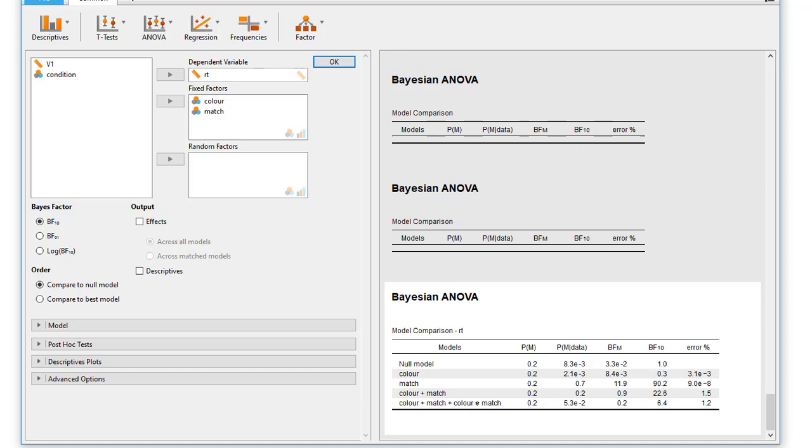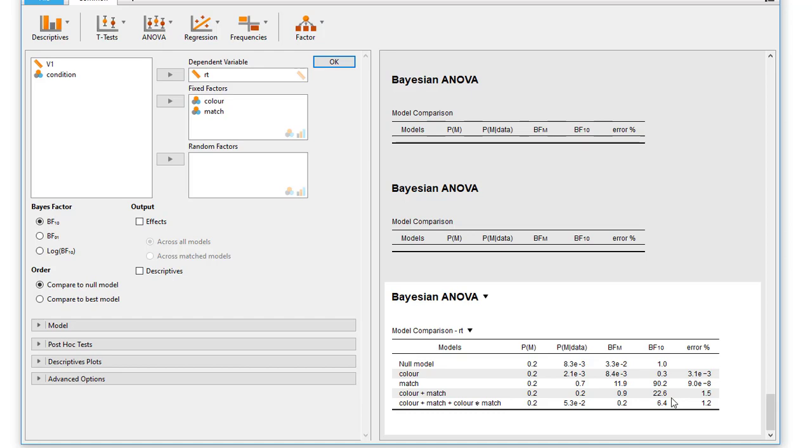So when you obtain a ratio and the denominator is always the same, then obtaining a ratio between these two Bayes factors, or between these two, or the others, is equivalent to obtaining a Bayes factor between these two models.